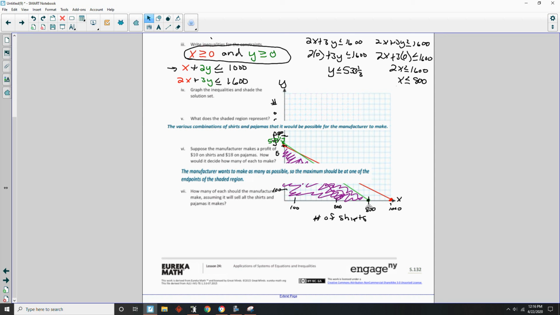So it's either here where they make 800 shirts, or it's up here where they make 533, and actually it'd be this shaded region here. If they don't make any shirts, then they can make 533 pajamas. How many of each should the manufacturer make, assuming it will sell all of the shirts and pajamas made?